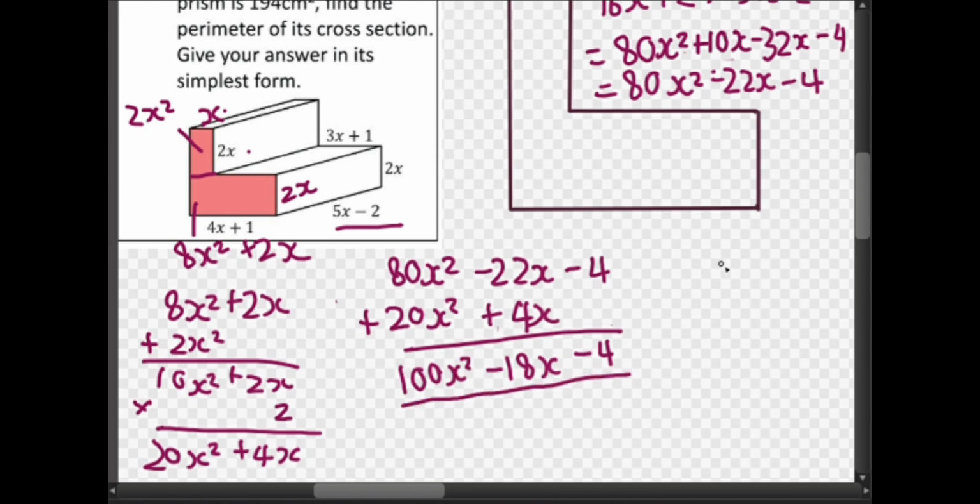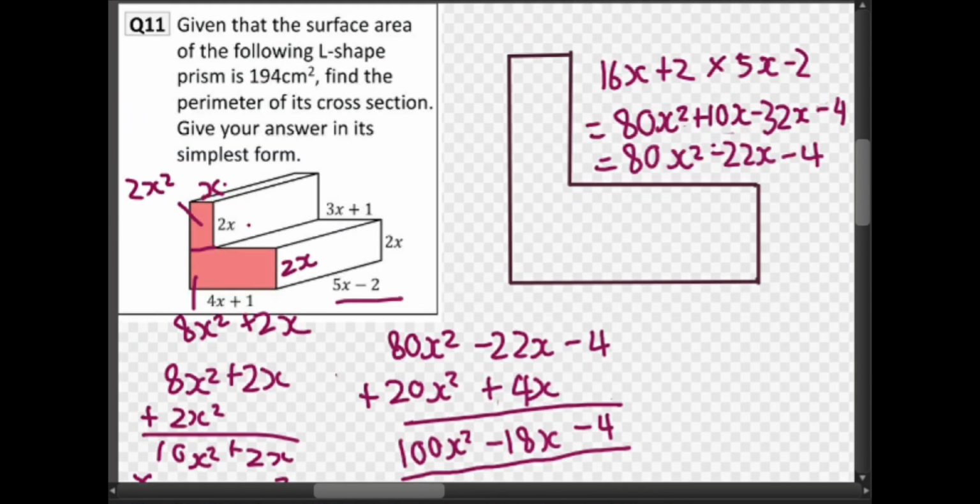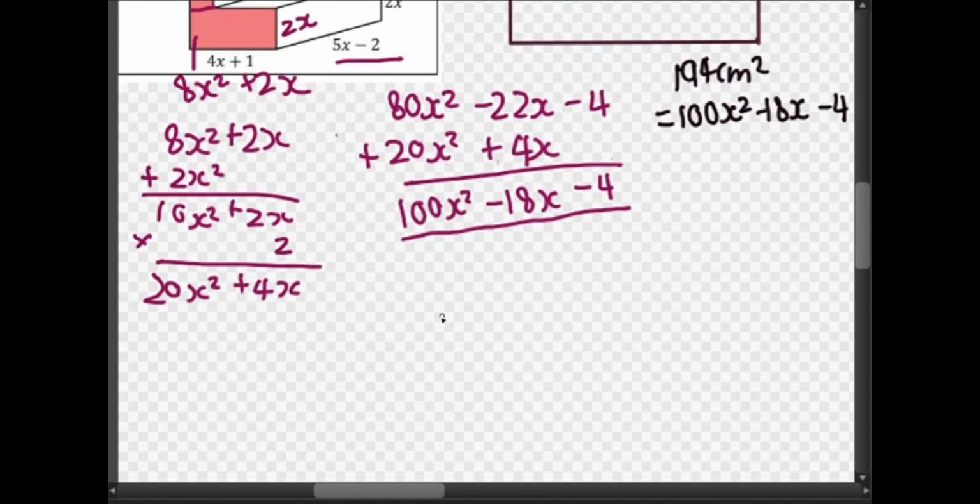So this will be the total surface area for the entire thing, which means that 194 cm squared equals 100x squared minus 18x minus 4. And then we shift the negative 4 over, which means that 198 cm squared equals 100x squared minus 18x.